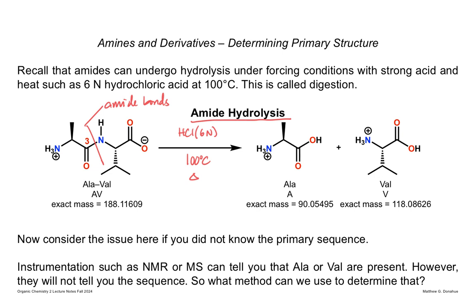As I've shown here, I'm going to say HRMS. That stands for high resolution mass spectrometry. And notice the exact mass of AV is 188.11609.